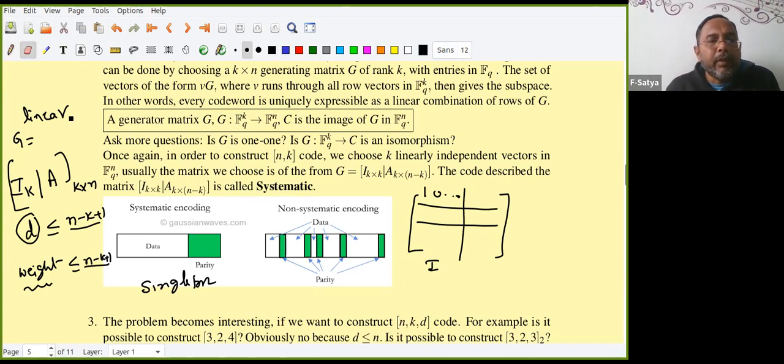Is there any code where d is exactly equal to n minus k plus 1? Somebody can help me. If you are revising, then you will tell.